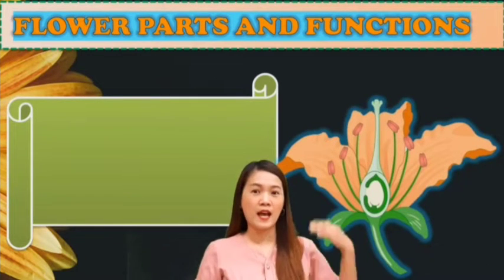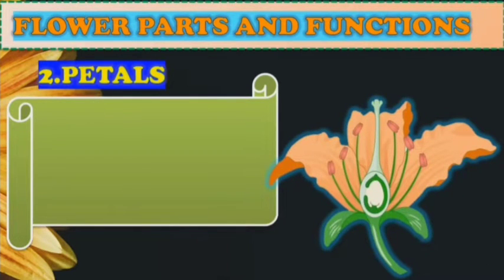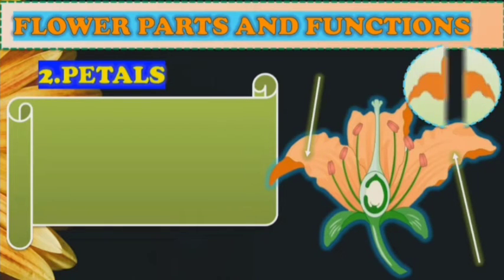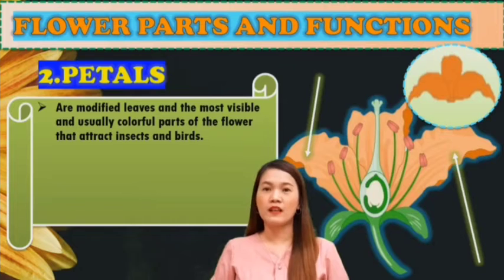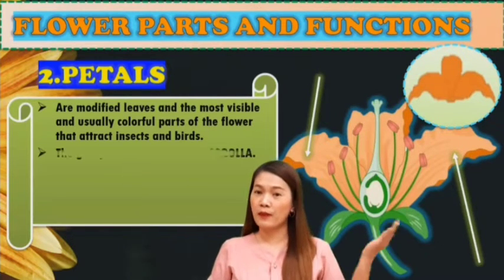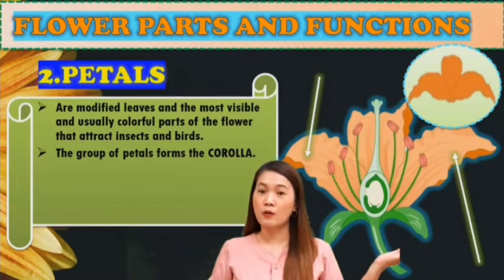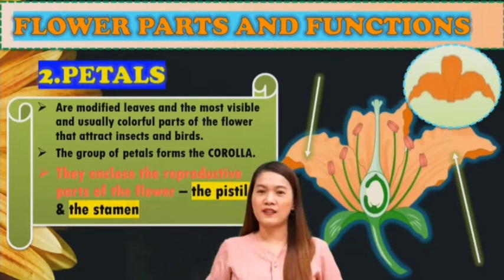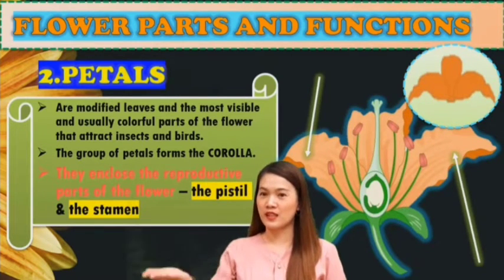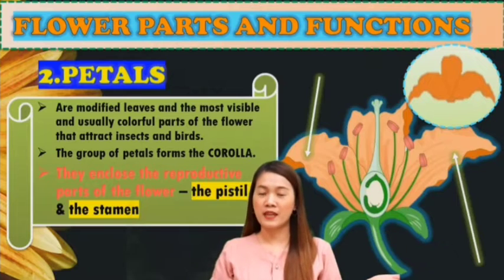Next, we have the petals. The petals are the most visible and usually colorful part of the flower, and the group of petals is called the corolla.